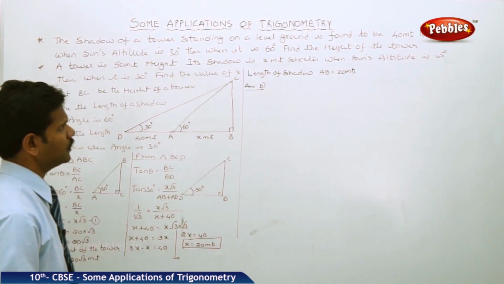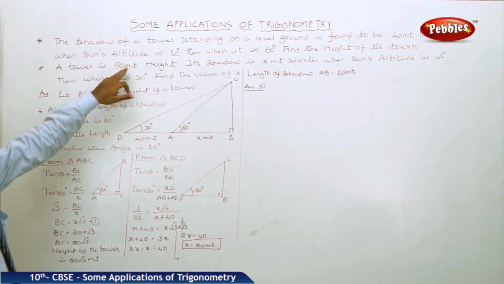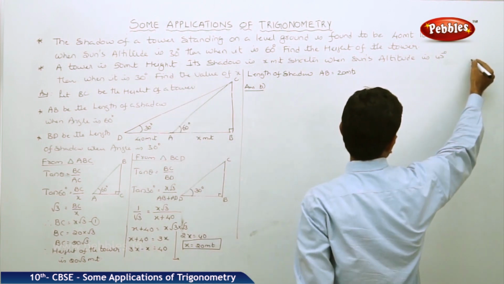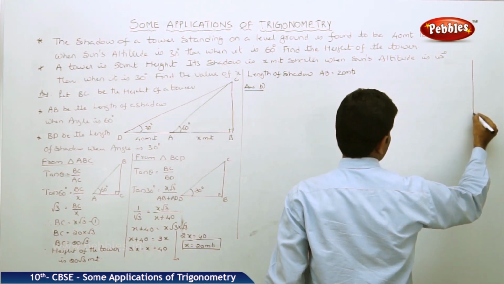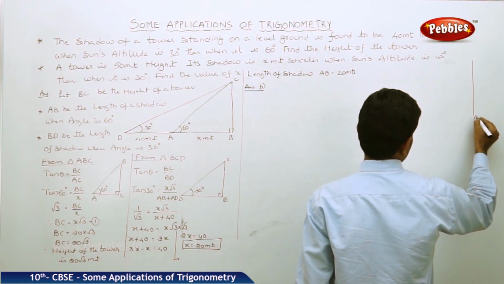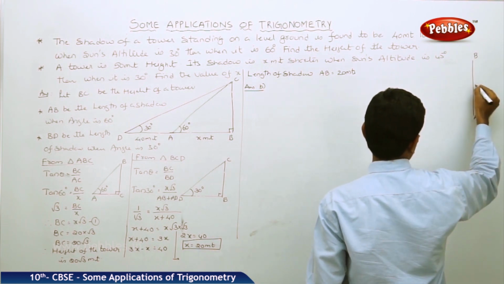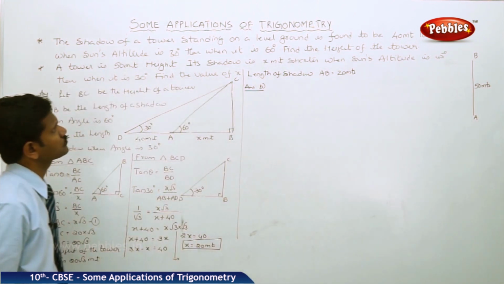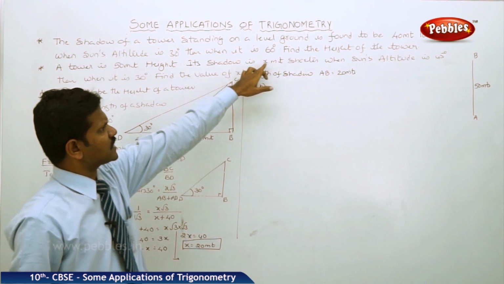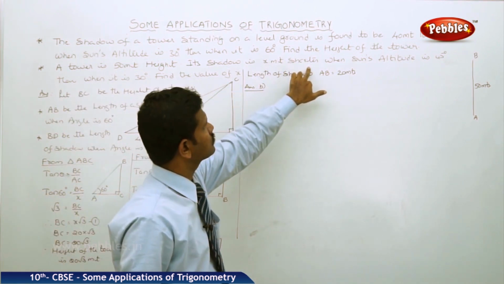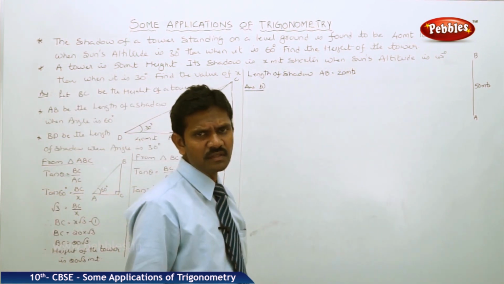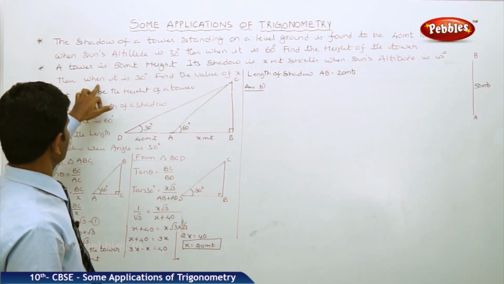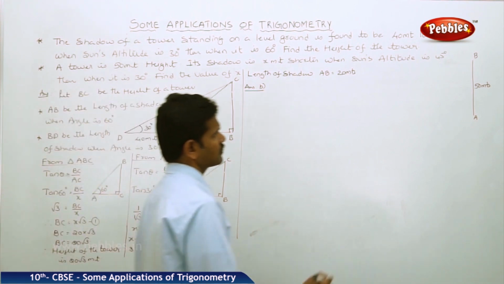Let us see the next example. A tower is 50 meters height, follow the diagram. AB be the height of the tower, which is 50 meters. Its shadow is x meters shorter when sun's altitude is 45 degrees than when it is 30 degrees.